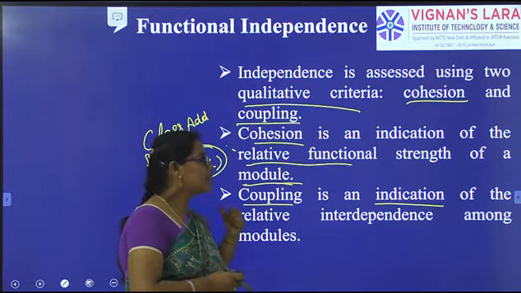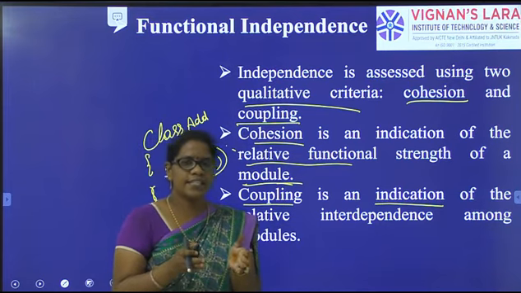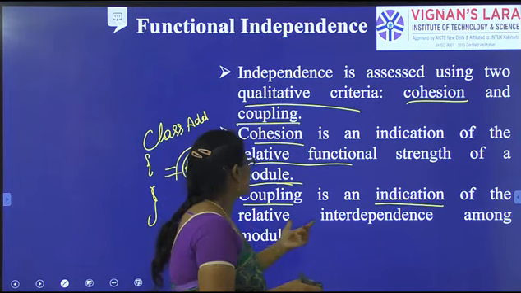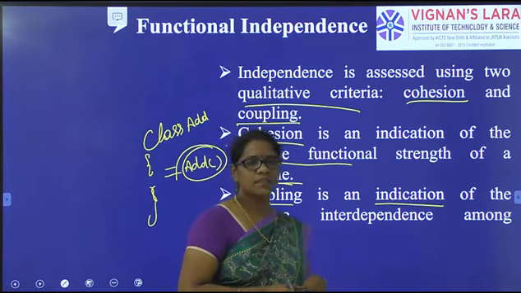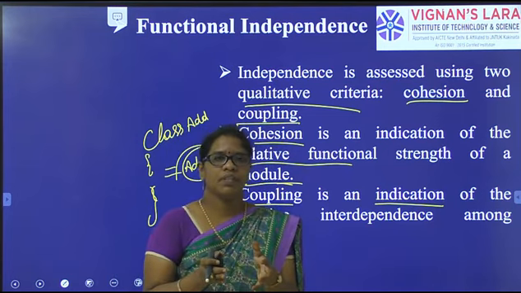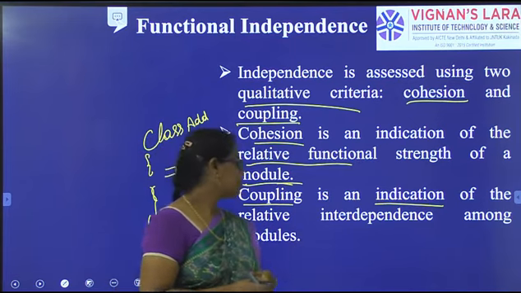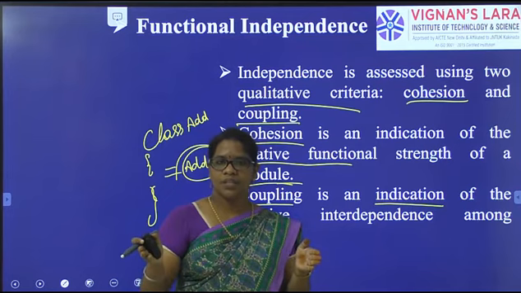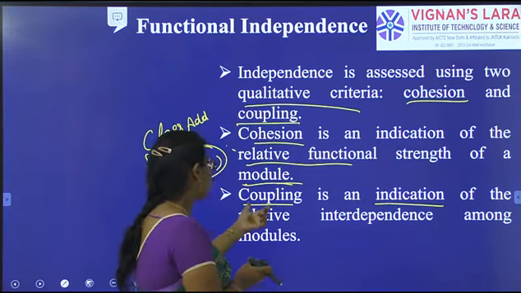Coupling is when you make those two or three modules in a single software, how they are related, the interdependence among the modules, how they are internally independent of each other. For example, front end and back end: how you are connecting these two, that is coupling.